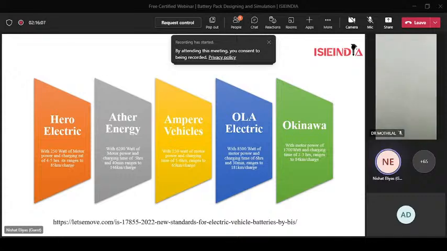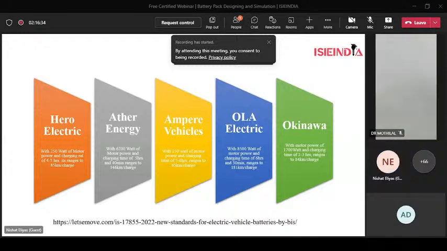And Ola has installed its vehicle with an 8500 watt motor, a charging time of 6 hours 30 minutes, and a range of 181 kilometers. Above all, we can see that Okinawa has better performance overall.